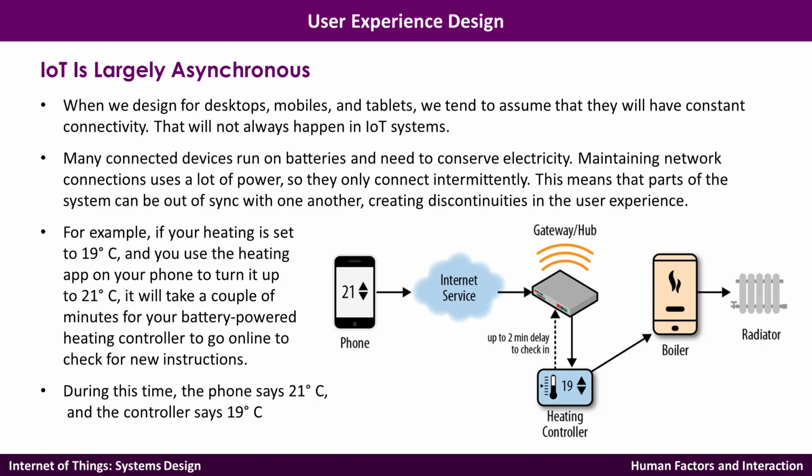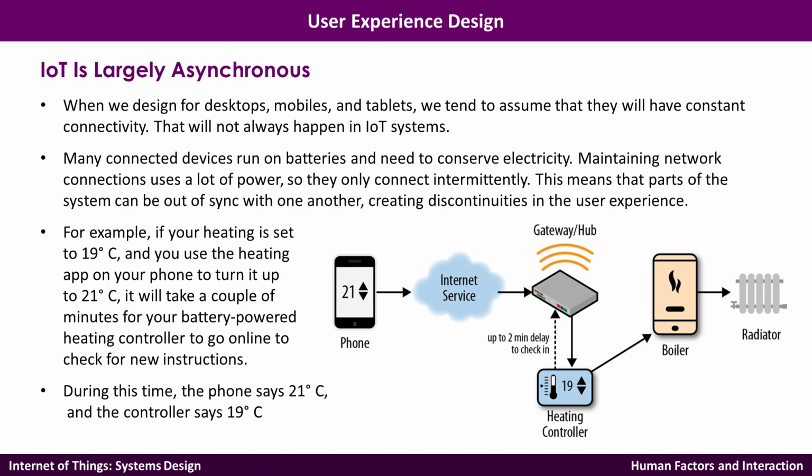So if you look at this particular example where you try to increase the temperature of your boiler, you might realize that it takes a little bit more time to actually increase the temperature. The reason is that these small devices which manage the temperature, the controllers, are not connected to the internet or the home hub all the time.